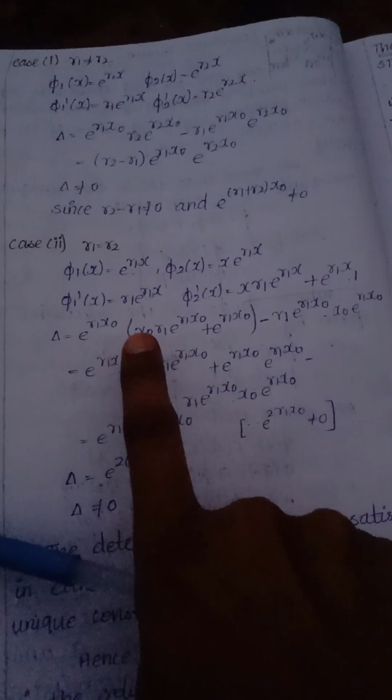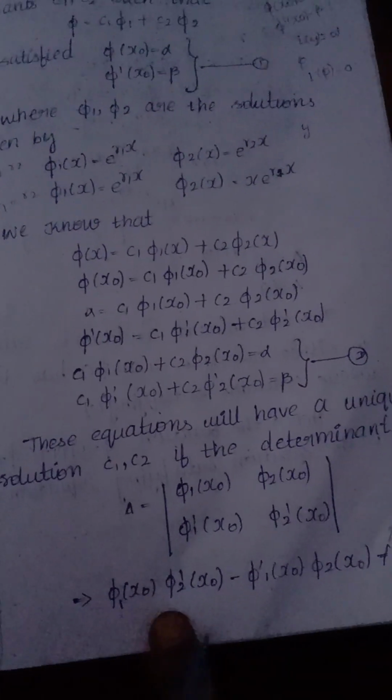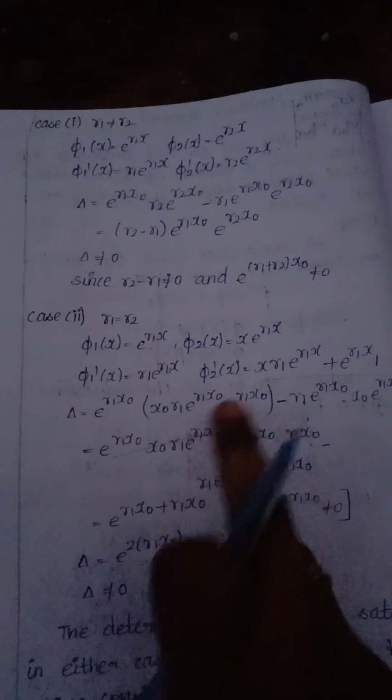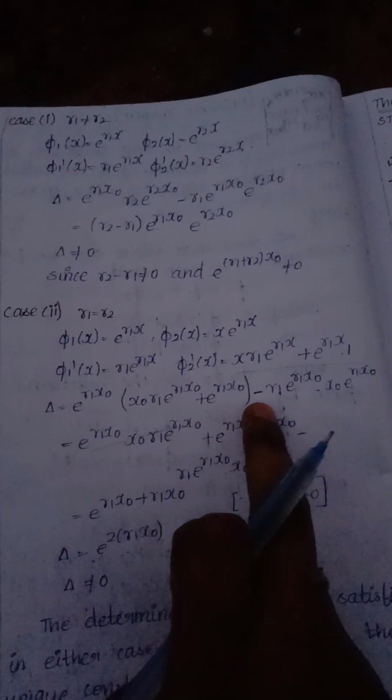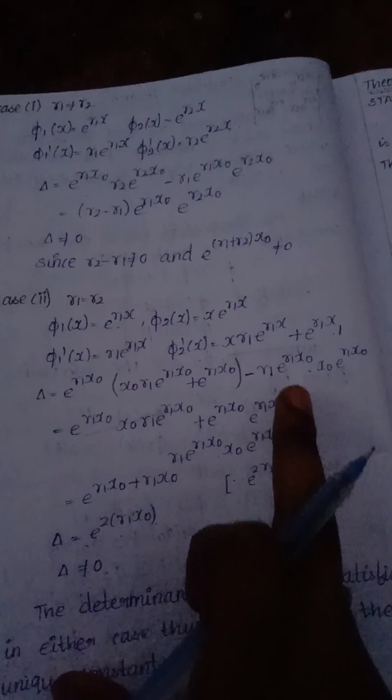So if we substitute the conditions, instead of phi 1 x 0, phi 2 dash x 0, we get these values minus phi 1 dash x 0, phi 2 x 0, which gives this value.